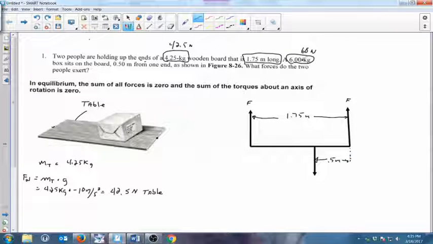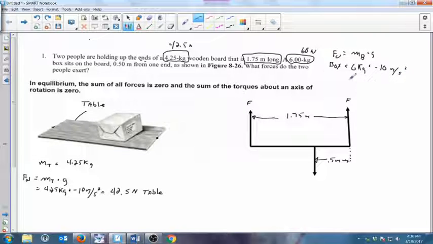Okay, and I'm going to convert this, same as before. Force weight, that's the force weight of the box, is equal to the mass of the box times gravity, which is 6 kilograms times minus 10 meters per second squared, which gives us the 60 right here.